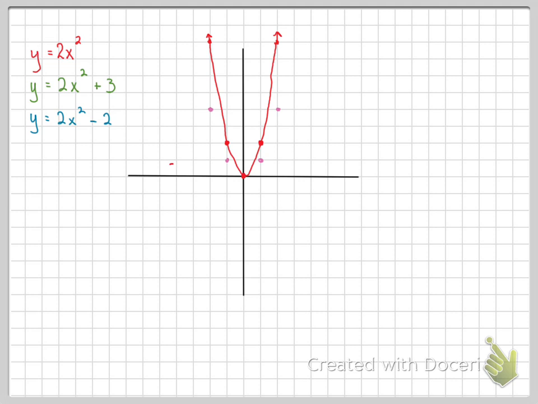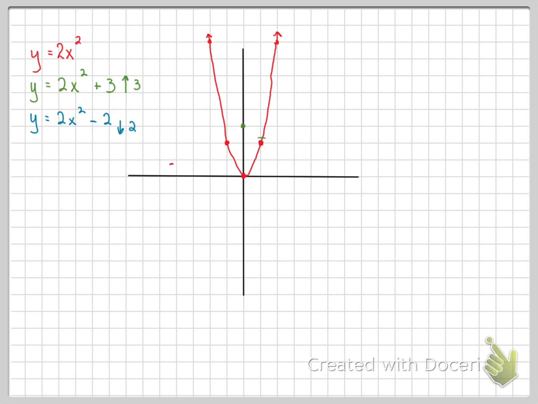Now, what we want to do is move that graph. The plus 3 moves it up 3, and the minus 2 is going to move it down 2. So let's start with the green graph. We are going to take all the points on the red graph and move all of them up 3. So the vertex is now right here.